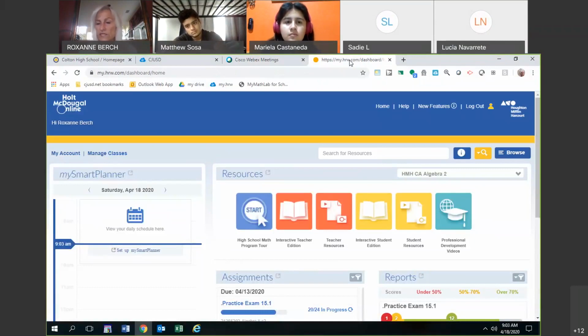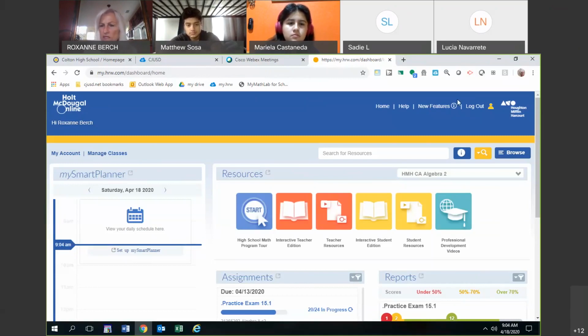But one way to do it is to make sure you're using your school Gmail. You go into the Colton High School homepage, you go to Let's Go, you go to Class Link, and you'll see a whole bunch of apps. You want to click on My HRW. Then sign in.